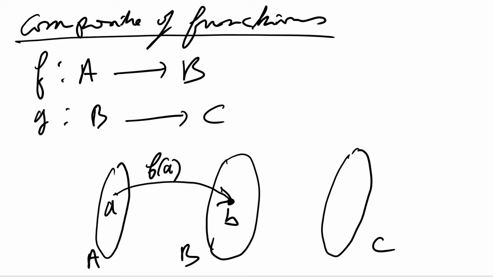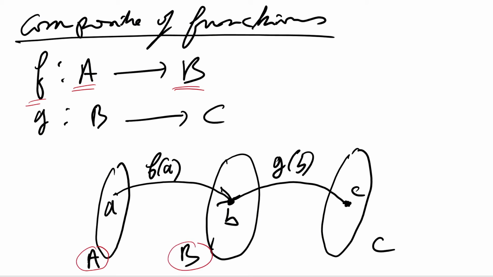Then when I pick b, g is defined from B to C, so I'm going to get something like c. Then g of b gives you c. So we can see that the function f is indeed defined from A to B, and this is the function f. And then g is defined from B to C, and this is the function g.